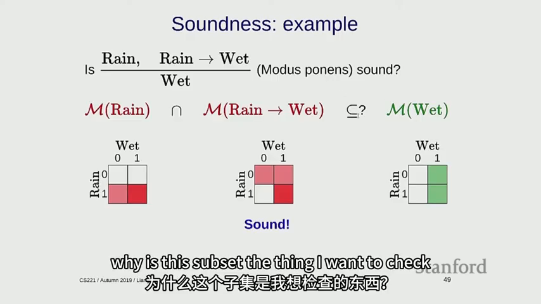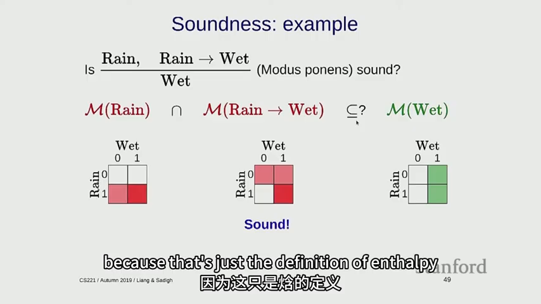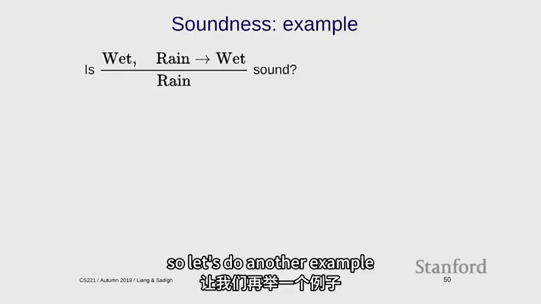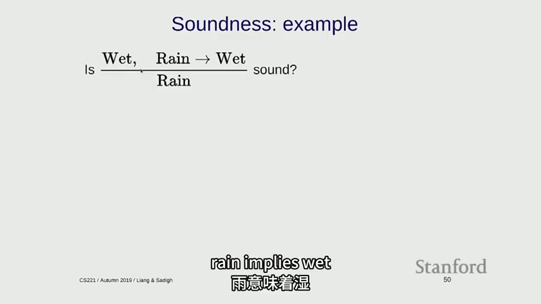Remember this, why is this subset the thing I want to check? Because that's just the definition of entailment, right? Okay, so let's do another example. If someone said it was wet and you know that rain implies wet, can you infer rain?